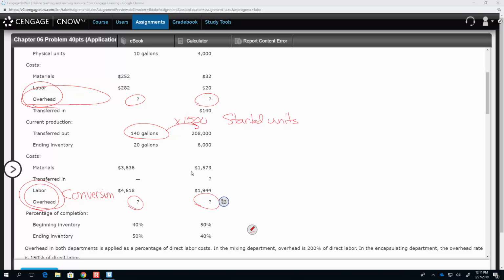Could I have you turn the page to page 328? Page 328. What is the applied rate for the mixing for the first department? 150%. 200%. 200%. Oh, sorry. That's all right, Ruby. Right? I'm going to have to multiply the labor cost by 200% to get what? The overhead amount.